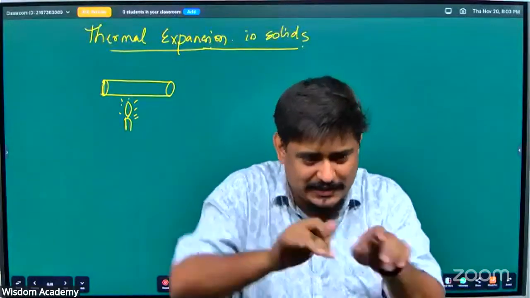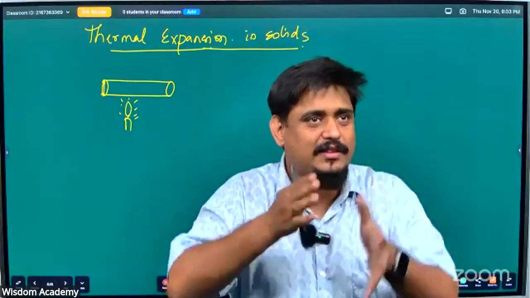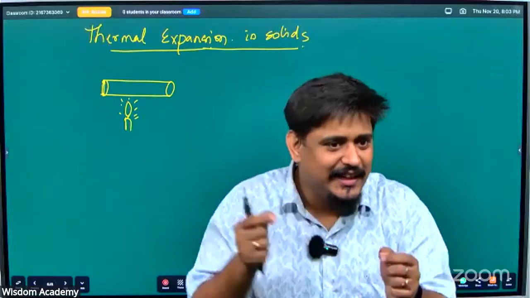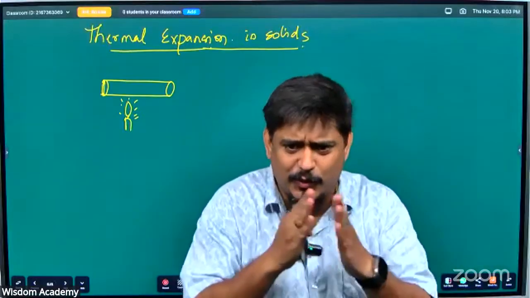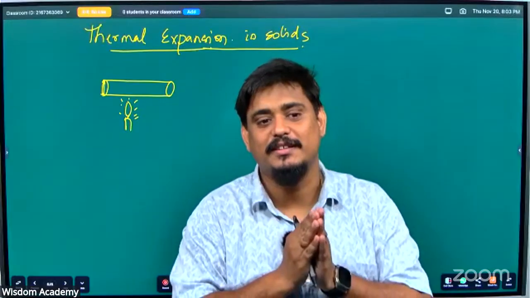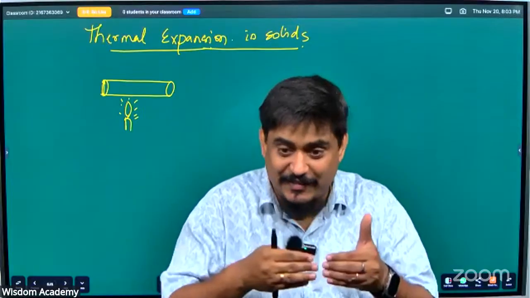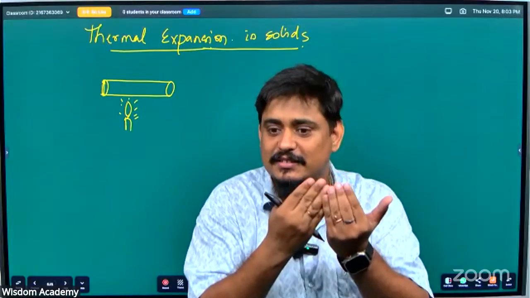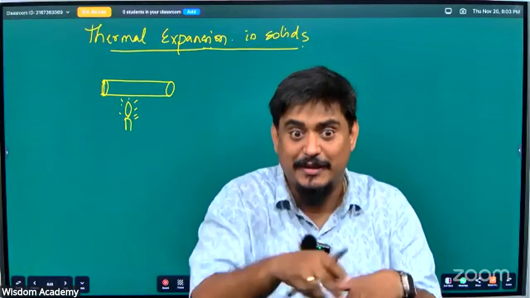There are two plates, they will tie by the two plates, but they'll give some gap. That's why when the train is going, sound is coming, because it is not smoothly going on a single rail. If they wanted, they could have made it together, no? Why are they not making it? Because in summertime, in the heat, if it expands and it does not have that gap, it will come like this. It will expand, and expansion will lead to some kind of surge, and the trains may get an accident.